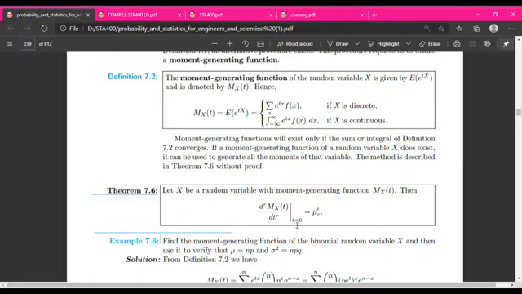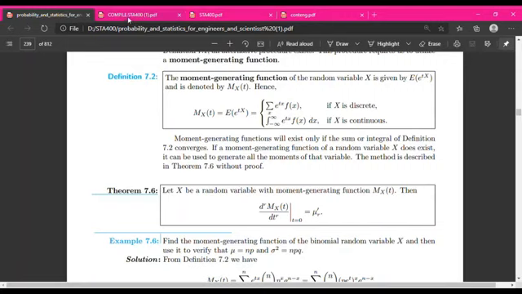Okay, and then in order to find the variance, just use the formula of variance, which is expected of x square minus dengan expected of x, then square. So means that untuk dapatkan variance adalah second moment about the origin minus dengan first moment about the origin, then square.